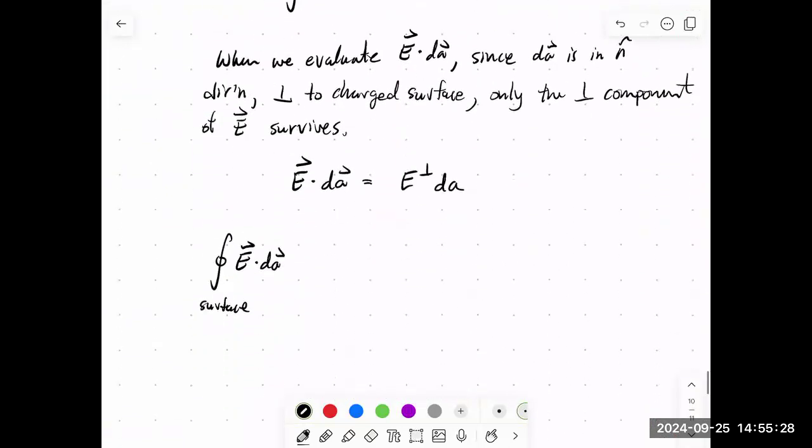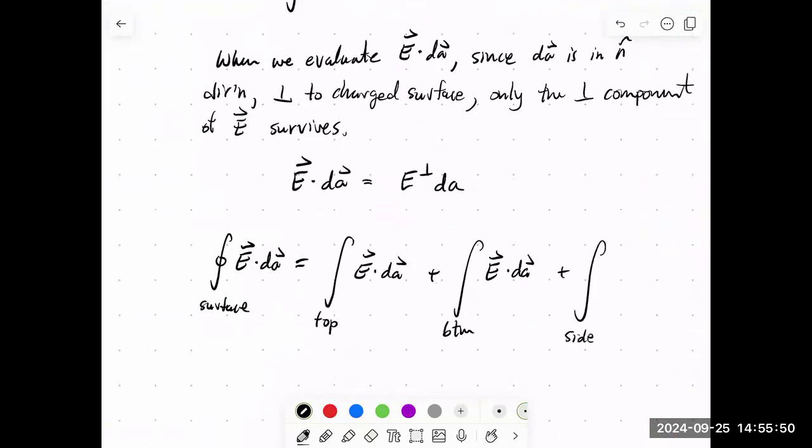I'll consider the side piece just one strip, like it has a weird shape, but it's one continuous strip. So this would be the integral over the top surface of E dot dA plus the integral over the bottom surface of E dot dA plus the integral over the sides of E dot dA.